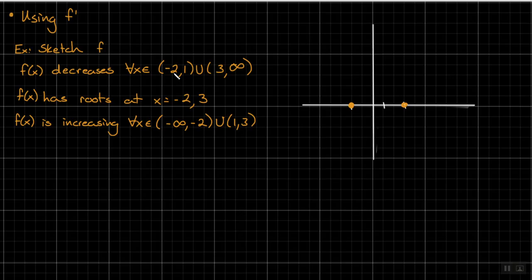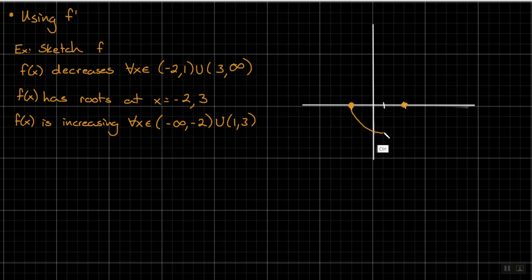How do I draw that it's decreasing from -2 to 1? What does that mean? So I'm going to start at -2. Which direction should my function go if it's decreasing? Down. And it's going to switch to being increasing at 1, right? So I need to go down, and I need to be able to switch to increasing once I get to 1. Was I going downward the whole time in here?